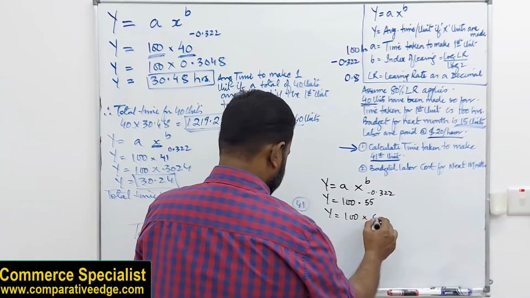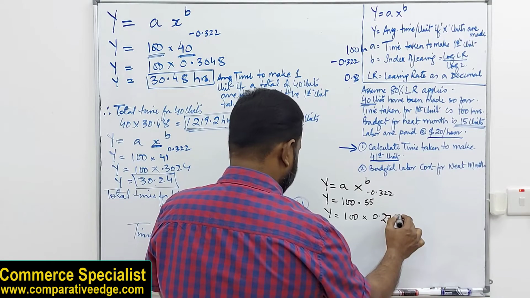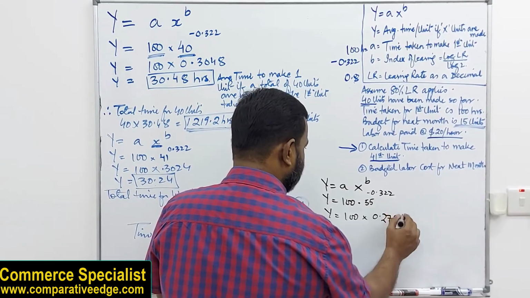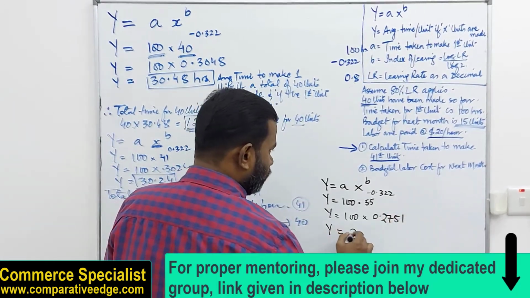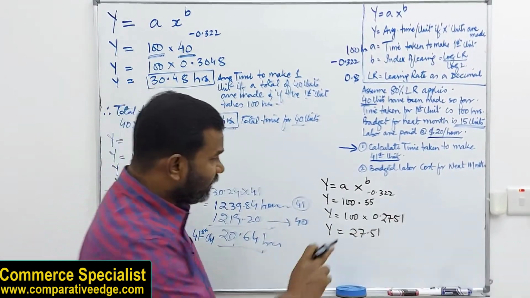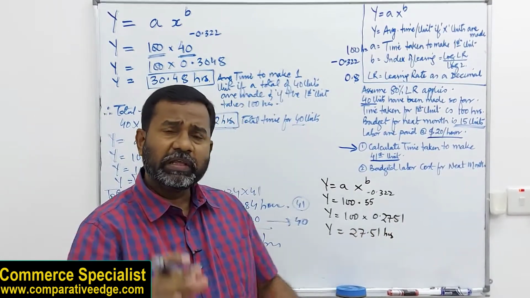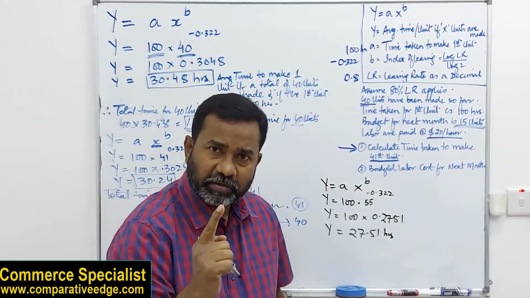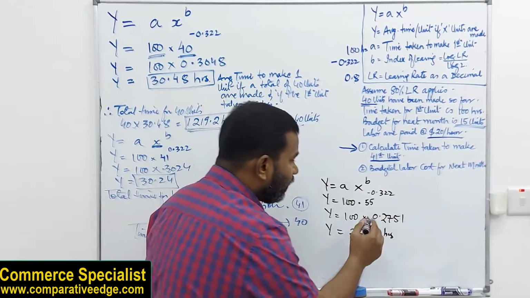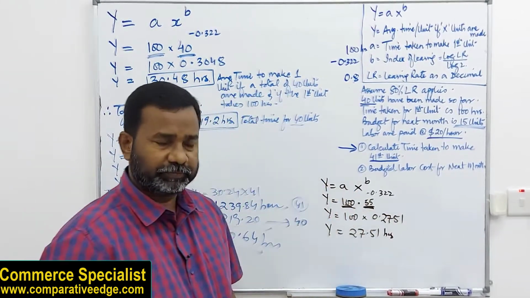That gives me 27.51. Now please understand, this 27.51 hours is actually the average time to make one unit, provided we make 55 units in one go and the first unit takes 100 hours.